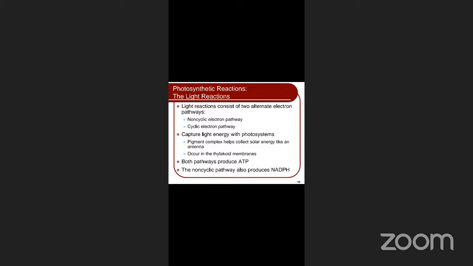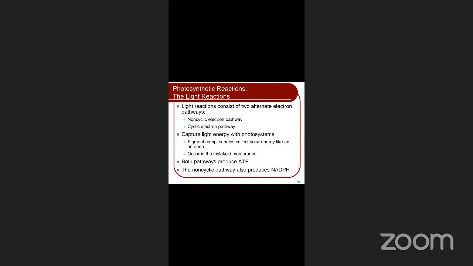Based on these observations, Emerson suggested that photosynthesis involves two photochemical reactions, one driven by the longer wavelength, 680, and another by the shorter wavelength, 650. They are designated as photosystem 1 and photosystem 2, depending on the wavelength.